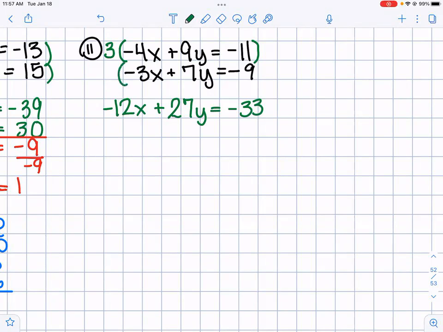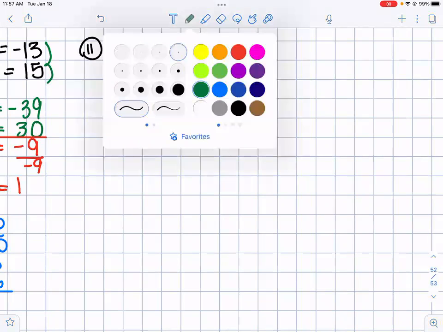Now I want this bottom equation's x value to be 12. What do I need to multiply 3 by to get 12? 4. Usually you're multiplying by the other number, right? So negative 12x plus 7 times 4 is 28y equals negative 9 times 4, negative 36.